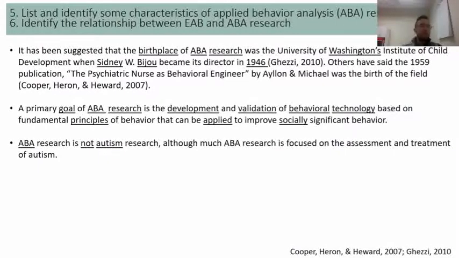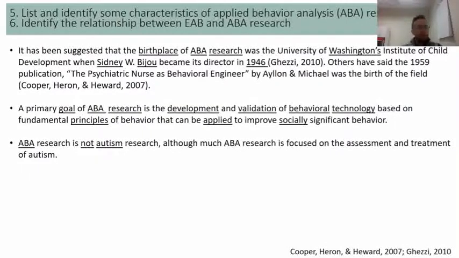Much of ABA research is focused on the assessment and treatment of autism because it works. It's highly effective with individuals with autism, other developmental disabilities, intellectual disabilities, and other disabilities such as Down syndrome.